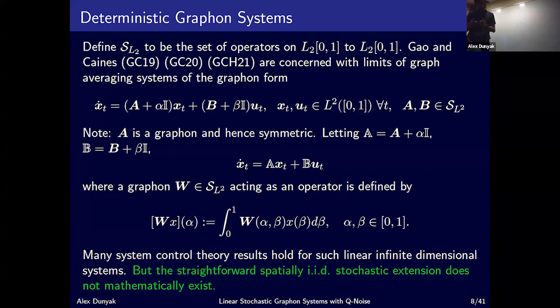So for the purposes of this talk, we're going to be talking about systems where each node only has a single scalar state. It can be extended to systems where the nodes have multiple states, but then you get into questions like, do you have multiple graphons relating to multiple states?